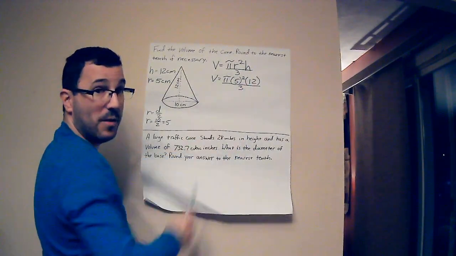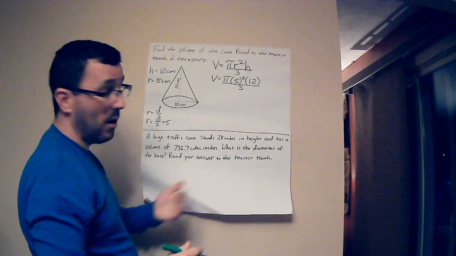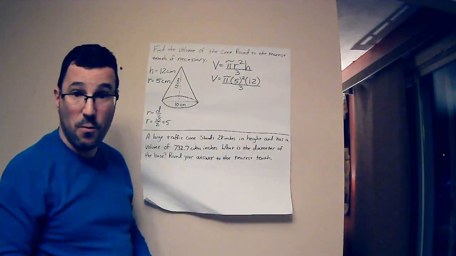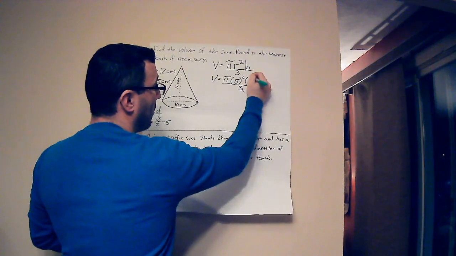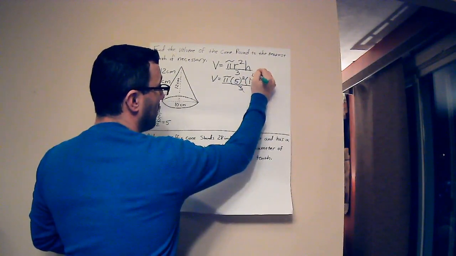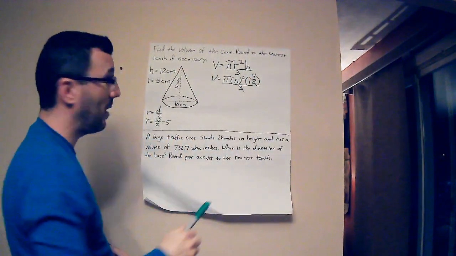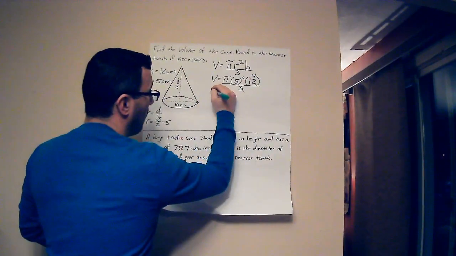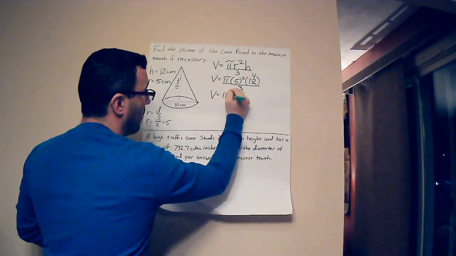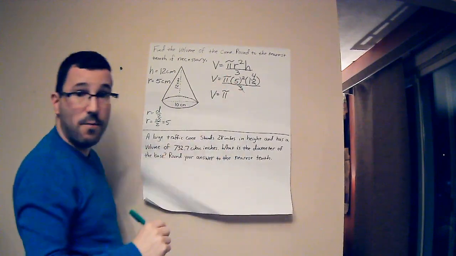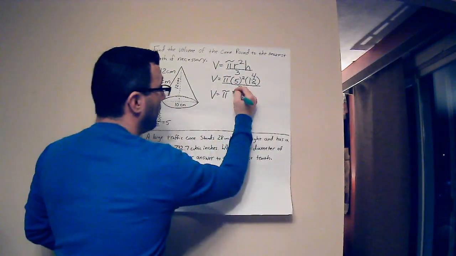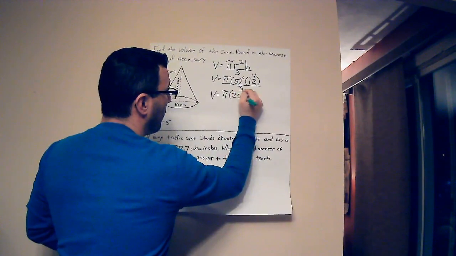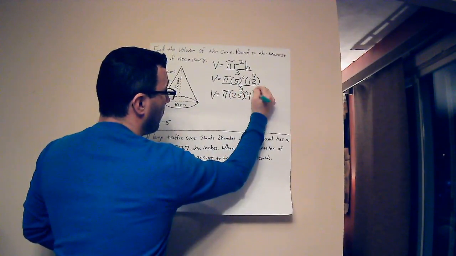But I got this 12 here. And again, 12 divided by 3, as we said before, is 4. So I'm going to cross out my 3, cross out my 12, and replace that 12 with a 4. Okay? So, volume equals pi, 5 squared, 5 times 5, 25, times 4.